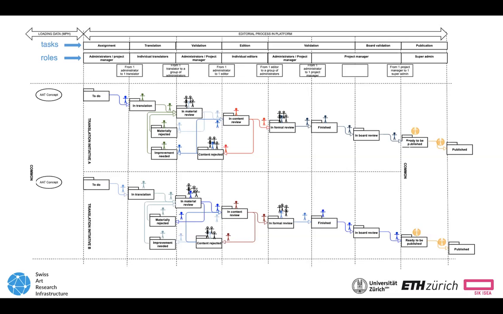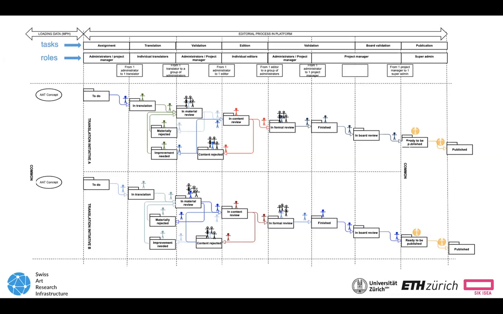When the work is done, then he gives the translation container to the administrator. The administrator is controlling the quality of the work. If it's okay, then the translation container is going to the editor for the content quality, and if not, it's going back to the translator.